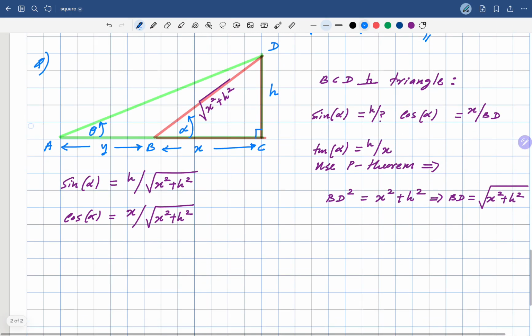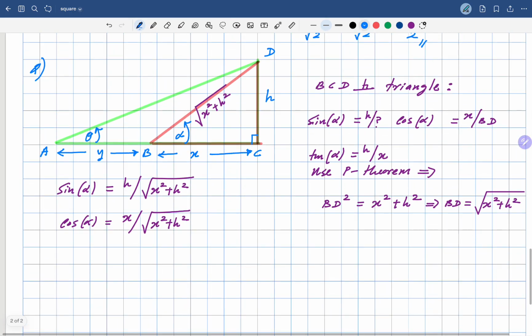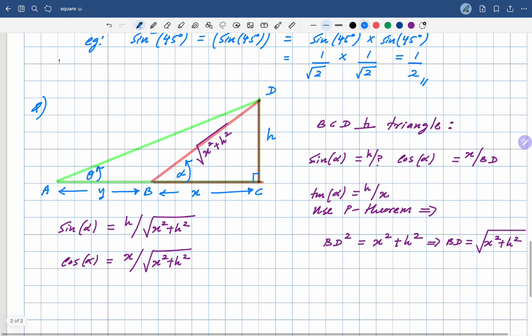Now we can consider the ACD right angle triangle. I'm going to find AD using Pythagoras again. AD squared is equal to AC, which is x plus y, the whole thing squared, plus h squared.